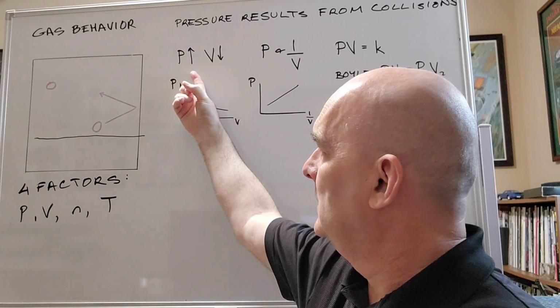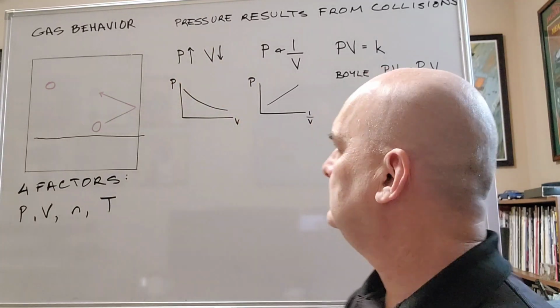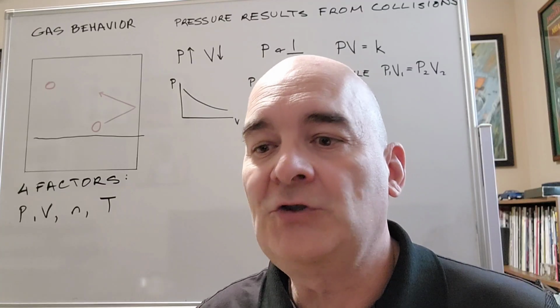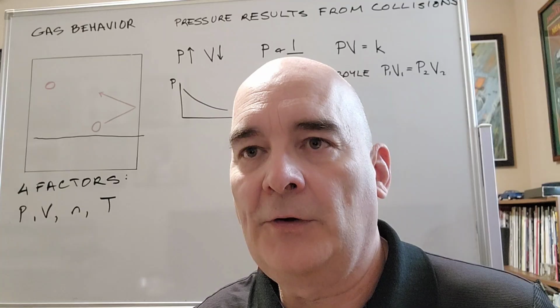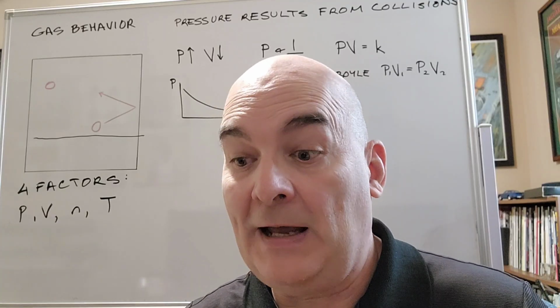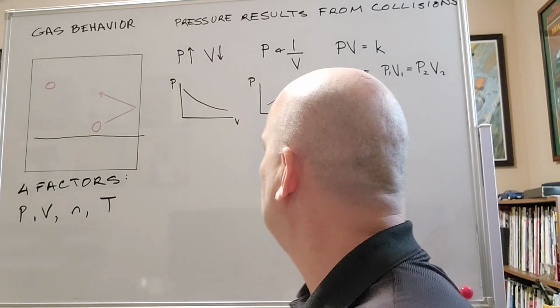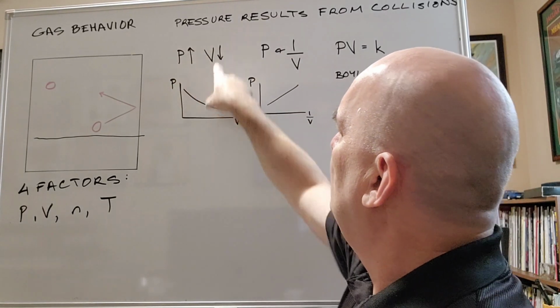So pressure goes up when volume goes down. And we can think of these as cause and effect either way: if I change the volume, I will change the pressure, or if I pressurize a volume that has movable walls, then the volume will also change.